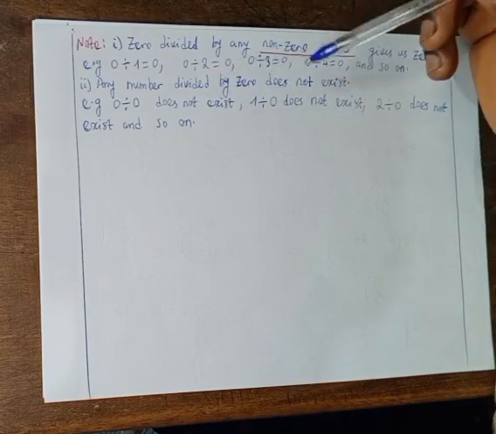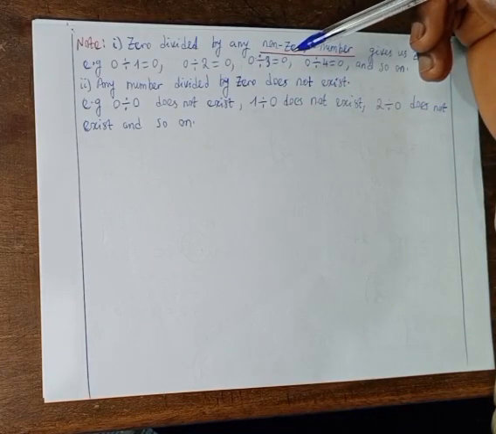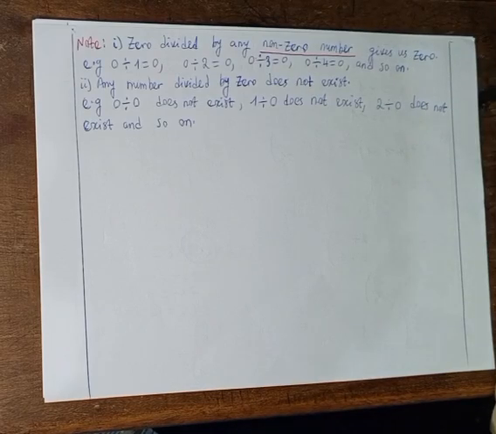If you go now to two, any number divided by 0 does not exist. Take for example, you have been given 10 oranges and you are sent into a room where there is no one present, and you are required to share the 10 oranges to persons in that room.